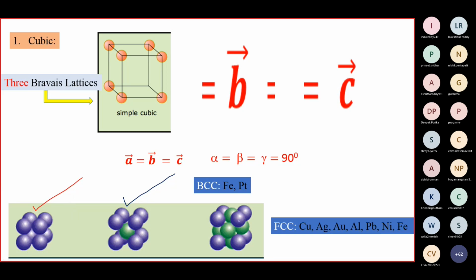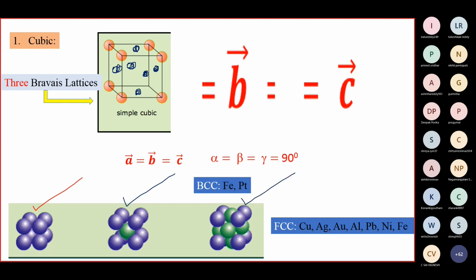Then we have face-centered cubic. This is a simple cube. It has 6 faces, right? One top, one bottom, 4 on the side. The center of each face has one atom, just like this.